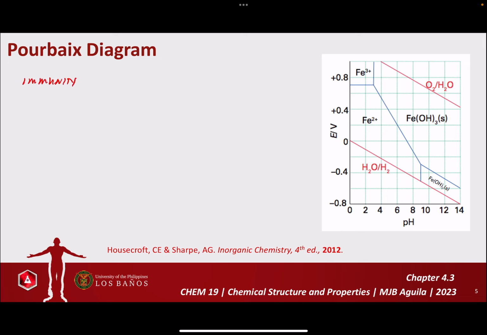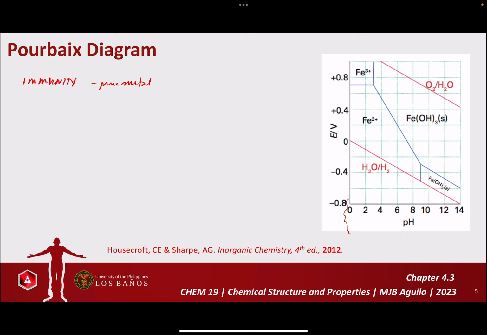In the immunity, this shows the thermodynamic stability, and usually this is the pure metal itself. Unfortunately, in this segment of the Pourbaix diagram that I have, that region wherein immunity is shown is not presented. So it is way below this one.